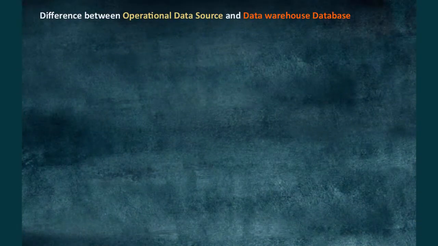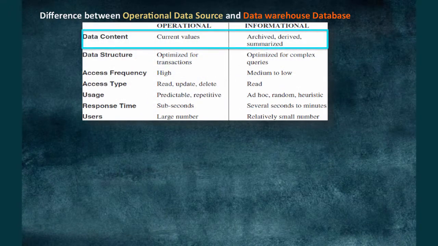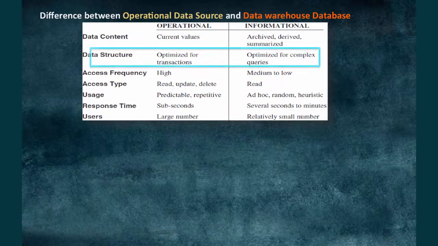Difference between operational data source and data warehouse database. Data content. Operational data source holds only the current values and transactions, whereas warehouse database stores both history and current transactions, which are summarized. Data structure.